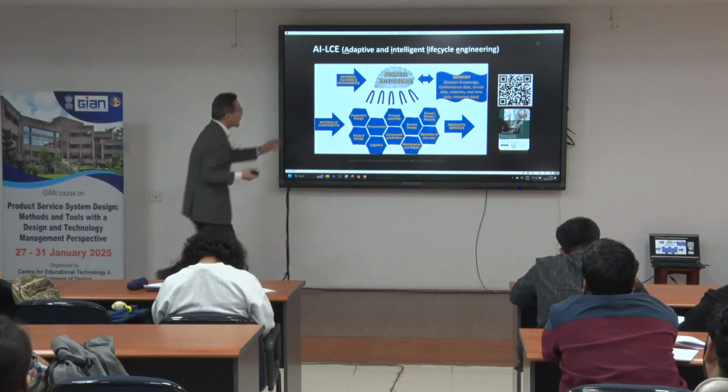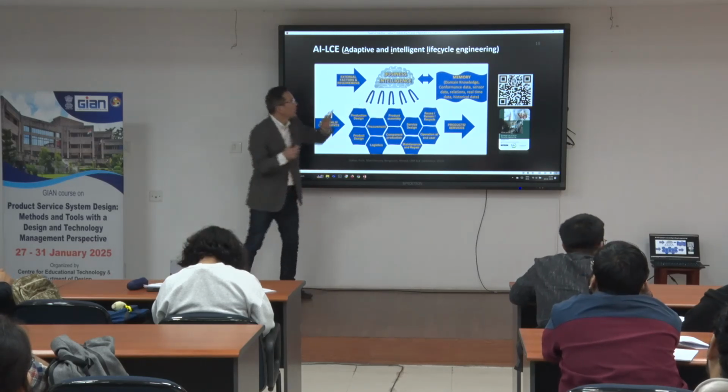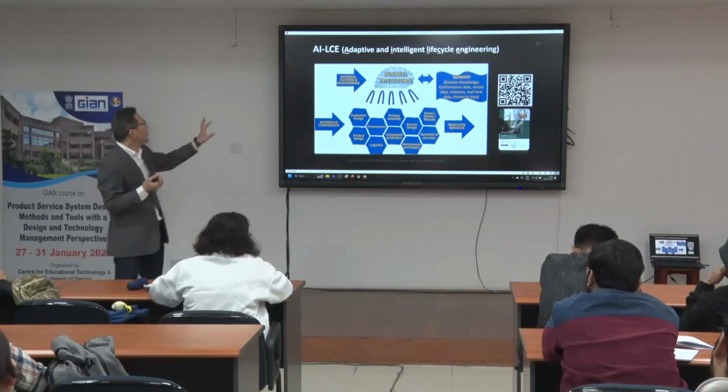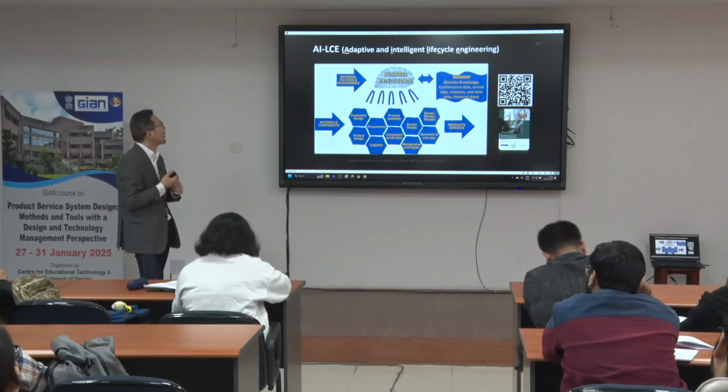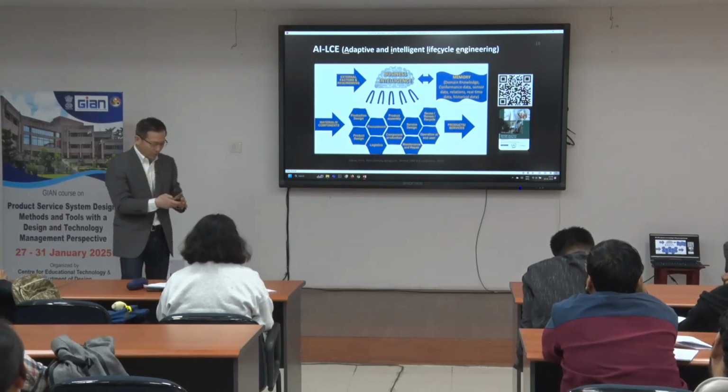And interacting with those lifecycle phases is intelligence that consists of artificial intelligence as well as human intelligence. Because obviously we believe that human beings must be involved in important decision making. So we put business intelligence at the top, right?